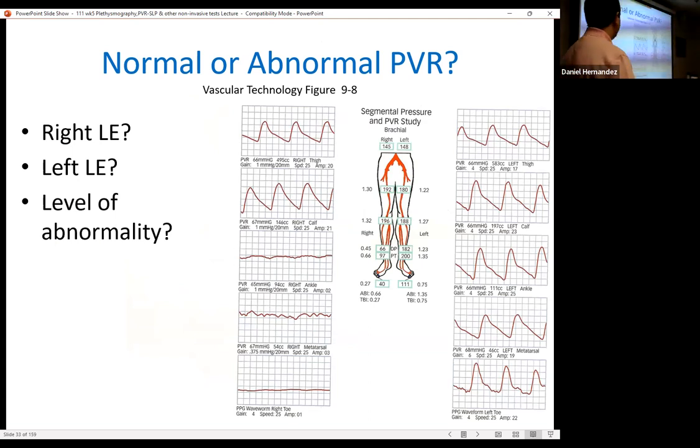It looks like there's problems with the right side, below the thigh, between that and the calf cuff. Well, I would say ankle up, between those two segments from popliteal to ankle.